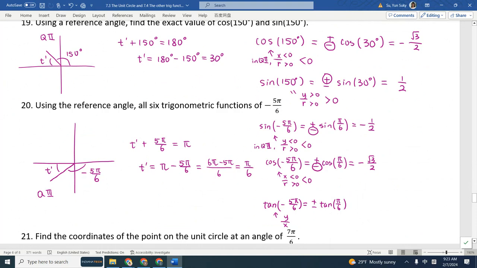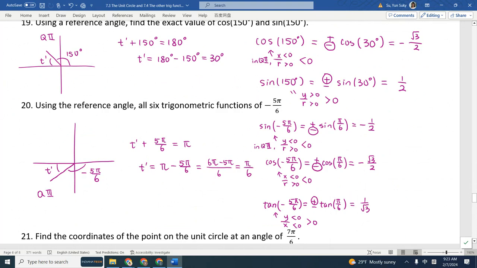Opposite is y. Remember the picture? Adjacent is x. So y over x. Y is positive or negative? X is positive or negative? Negative. You see the whole thing is positive, so we pick the positive. What's tangent pi over 6? Look at your table. 1 over square root of 3. Yes, very good.